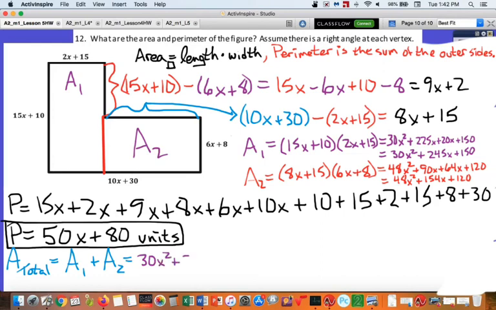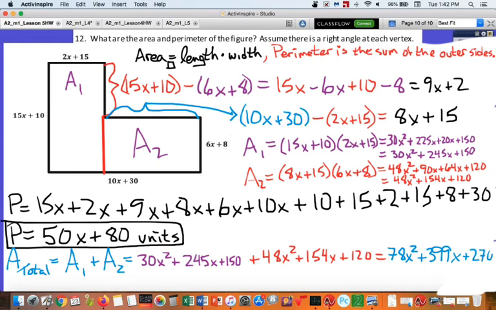So I have 30x squared plus 245x plus 150 plus the 48x squared plus 154x plus 120. And then you combine the like terms, and you end up with 78x squared plus 399x plus 270 units squared.